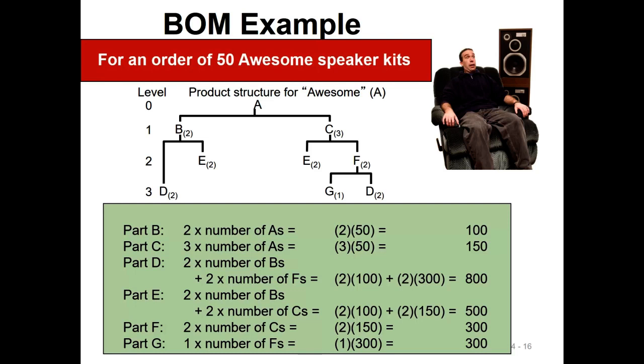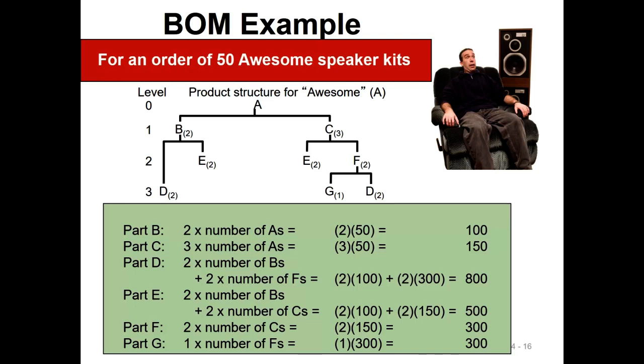And this structure is extremely important, and it will help us determine the dependent demand. So each A needs 2 B and 3 C. Now C is 3 times 50, which is 150.